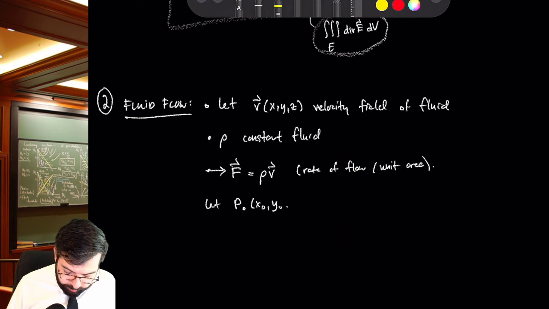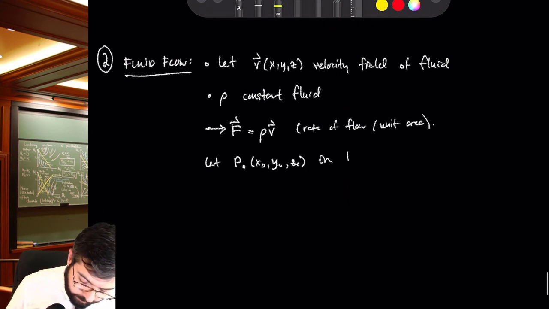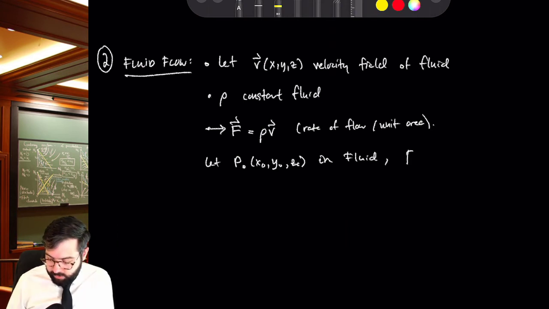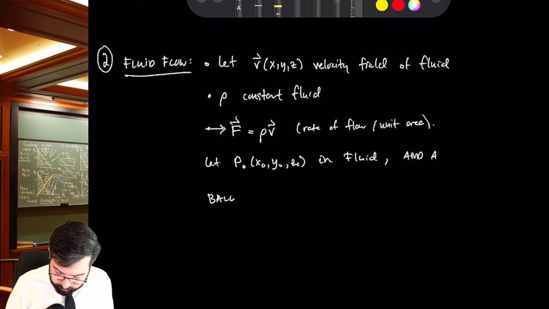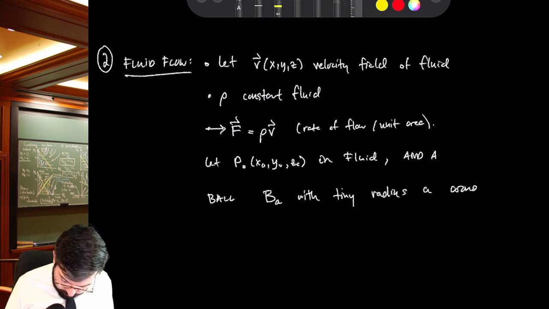Let's take some point P naught in the fluid, and we'll take a ball B sub A with tiny radius A around P naught.